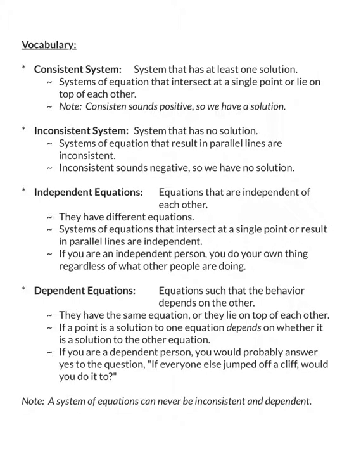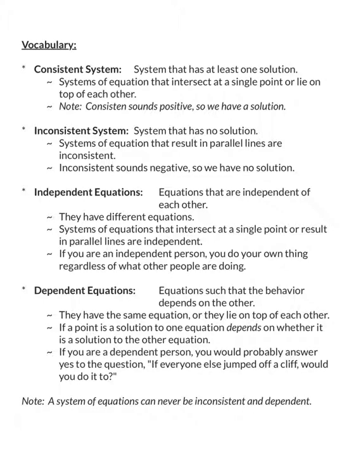Our second set of definitions is independent and dependent equations. Independent equations are equations that are independent of each other. So what does that mean? What does it mean to be an independent person? It means that you do your own thing. So independent equations have different equations.